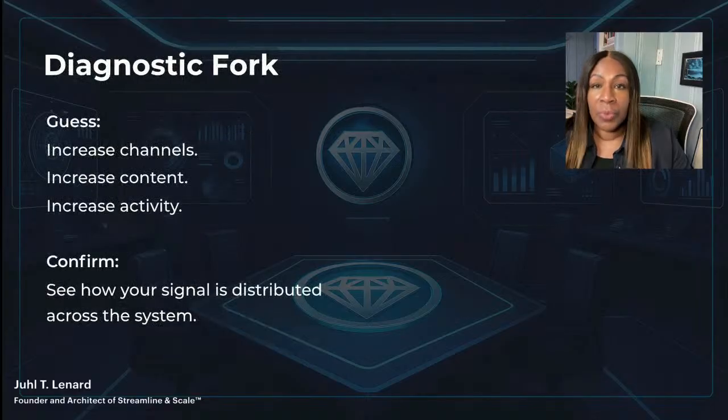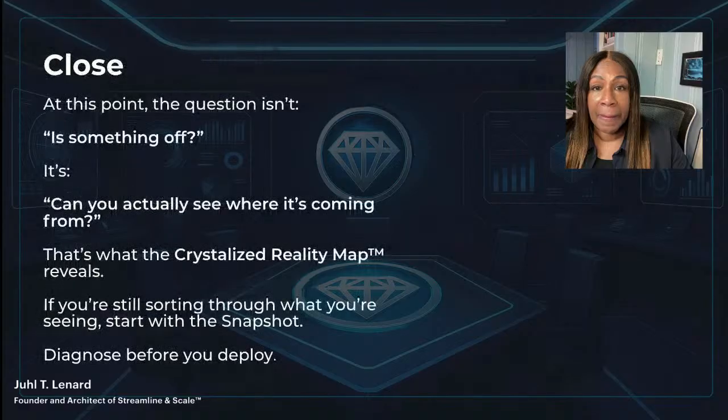So when we get to the fork in the road, we can guess. You can guess: increase channels, increase content, increase activity. Or you can confirm by seeing how your signal is being distributed across systems. So at this point, the question isn't, is something off?